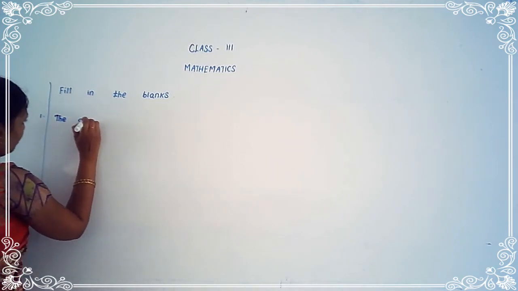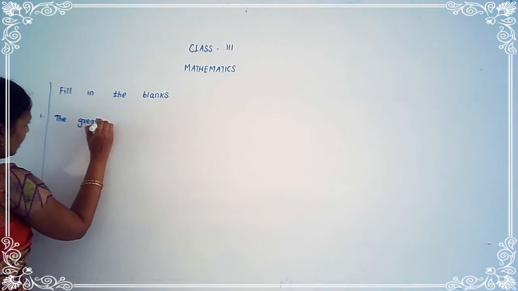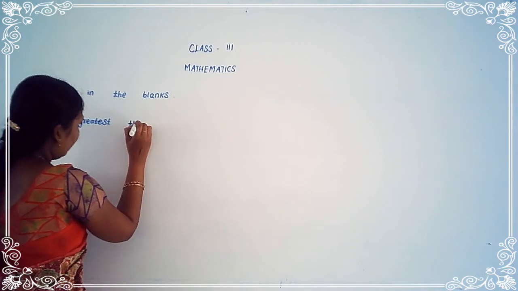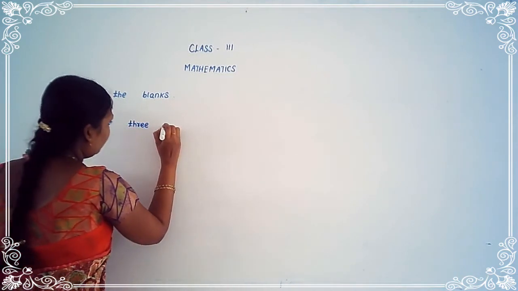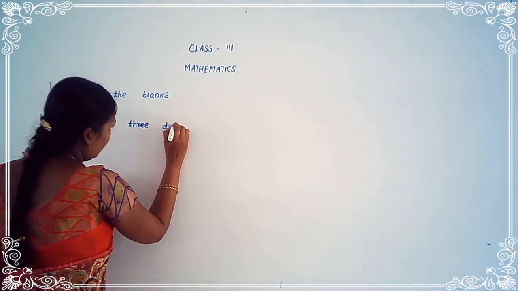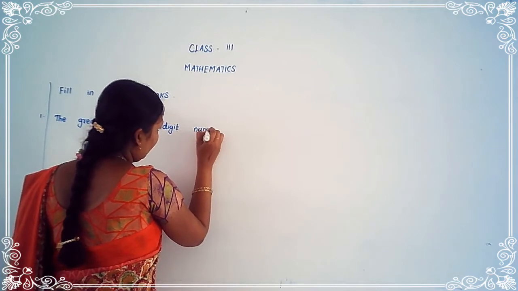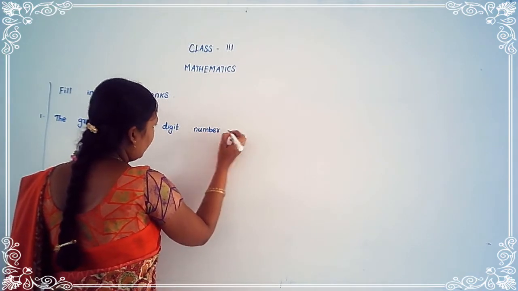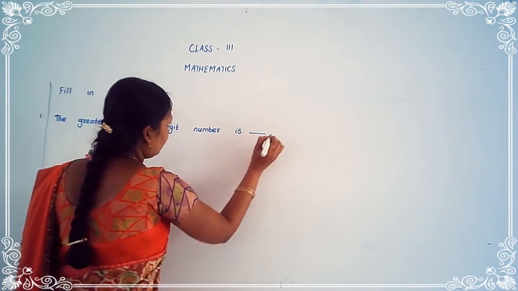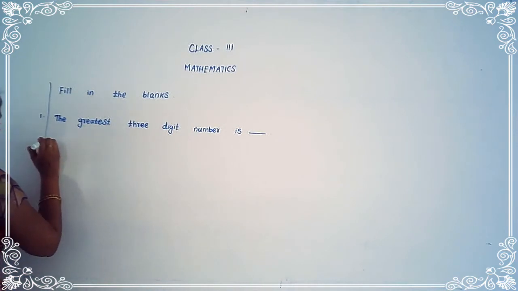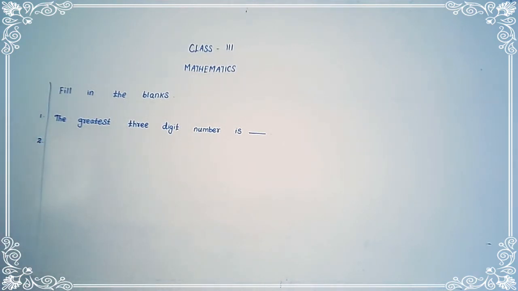The greatest 3-digit number is dash. The greatest 3-digit number is dash.